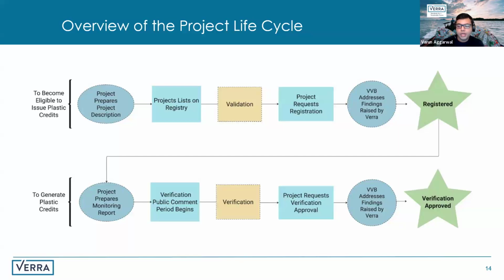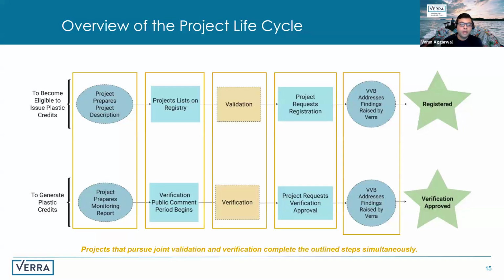And I'd also like to share that projects also have an option to combine registration and verification approval by conducting validation and verification jointly. Now, what that means in practice is that projects that have already begun operating and have activities to verify can combine their validation with the verification of the first monitoring period.